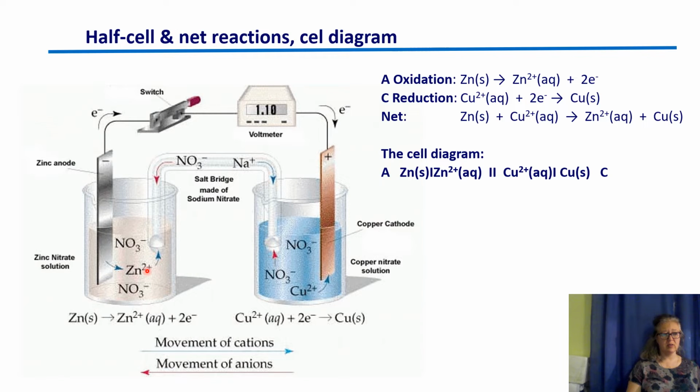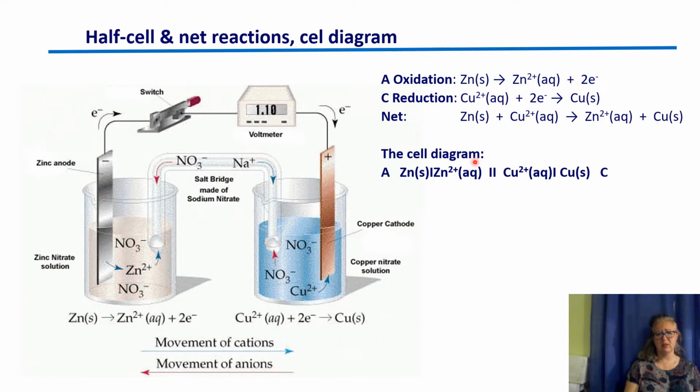In turn, potassium cations migrate in the opposite direction through the salt bridge to the copper half cell to neutralize an excess of nitrate anions. The oxidation process is represented by the first reaction. The reduction process is represented by the second one.